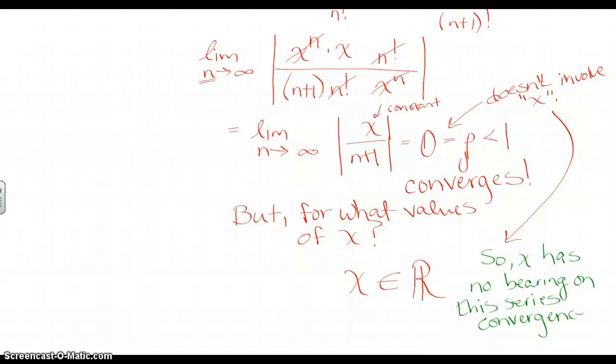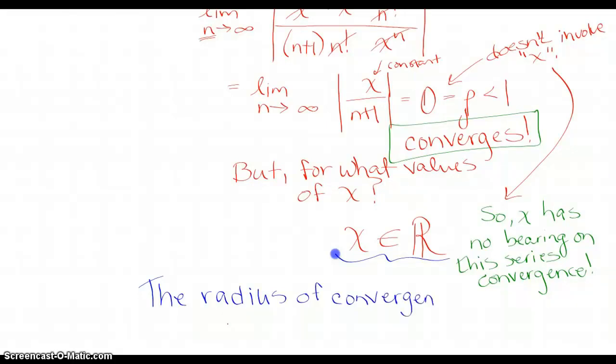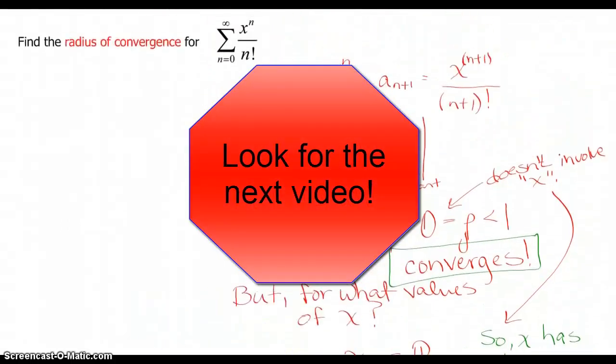And since x has no bearing on whether it converges or not, it converges for any value of x we want to put in there. The radius of convergence is going to be infinity. So the radius of convergence is infinity, all x values. There isn't a single x value that we can put into this series where it doesn't converge.